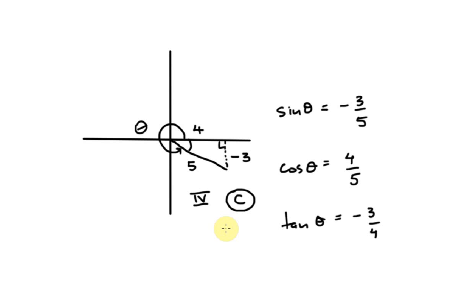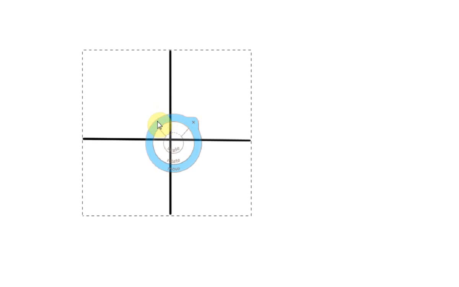All right, now what I'm going to do is summarize it, and that's where we're going to stop. So let's clear the screen and give you a quick summary of what you have just seen. If you have a terminal arm that ends up in quadrant 1, all of the trig functions are positive.